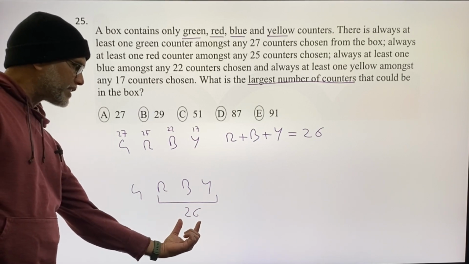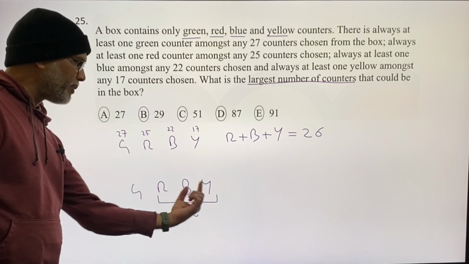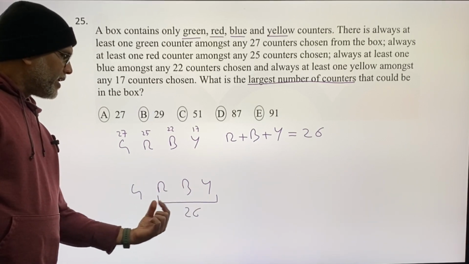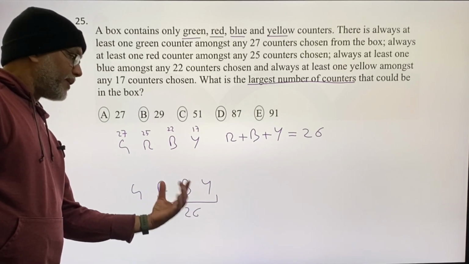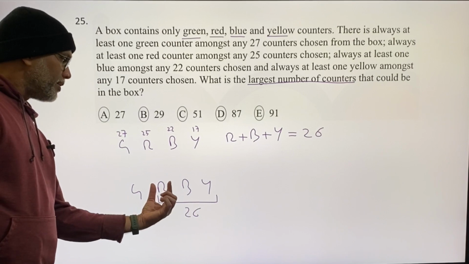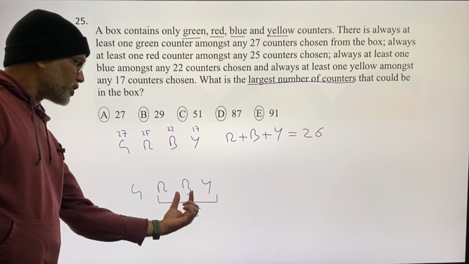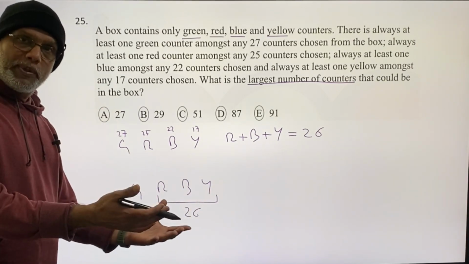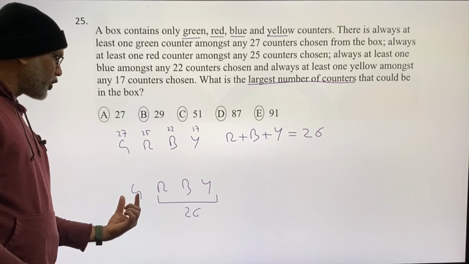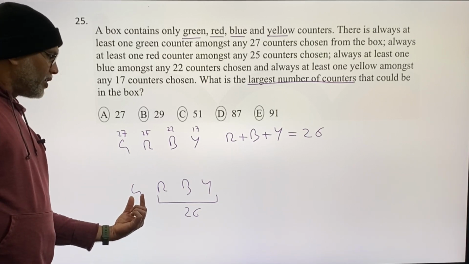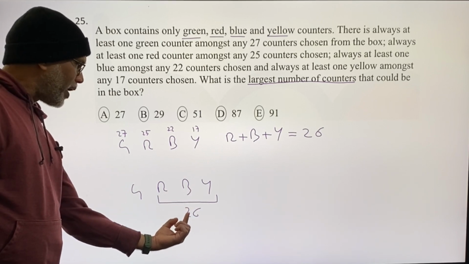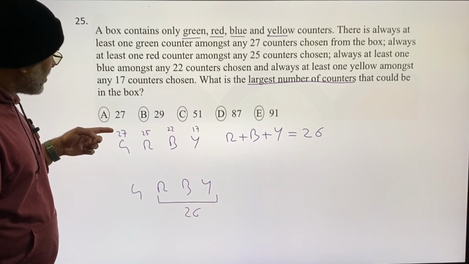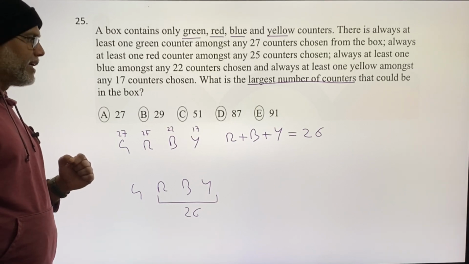Let's say I have 27 or more of R plus B plus Y. If I choose 27 counters, just R plus B plus Y could be those 27. I'm not guaranteed to have one green, right? So R plus B plus Y has to be one less than this number that I have noted here.